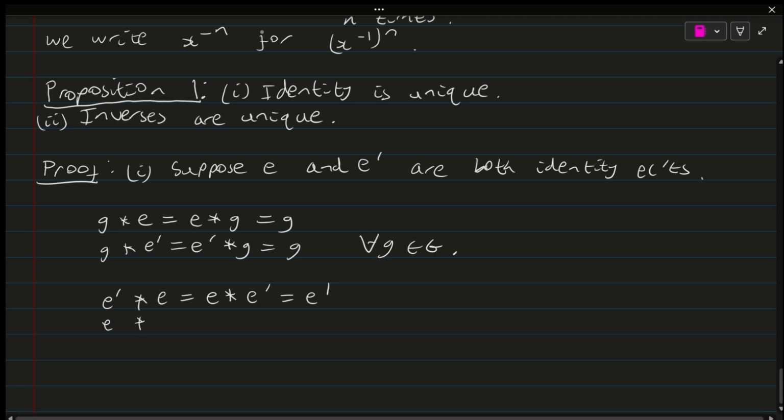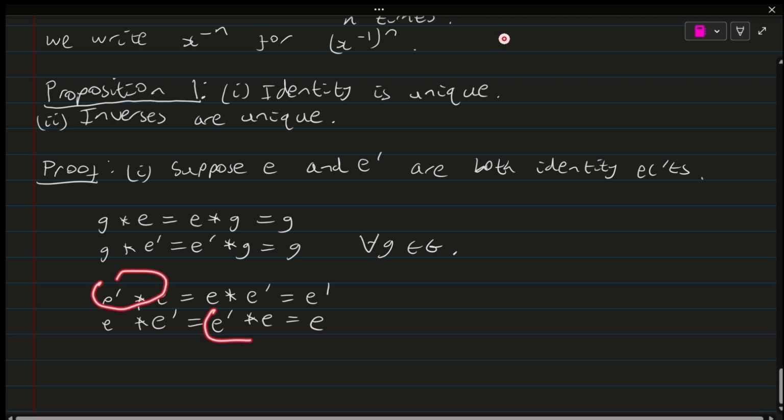So e star e prime equals e prime star e equals e. And you can see here, we've actually got the same thing here and here. So what we end up with is e prime equals e prime star e equals e. So e prime equals e. The identity is unique. I'll write a box in general for the end of the proof.